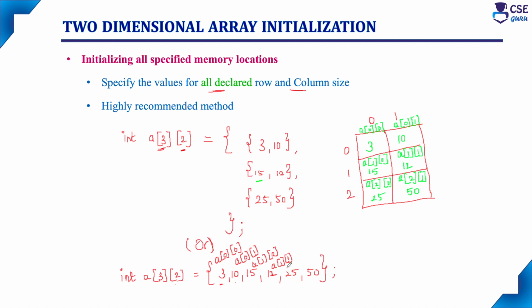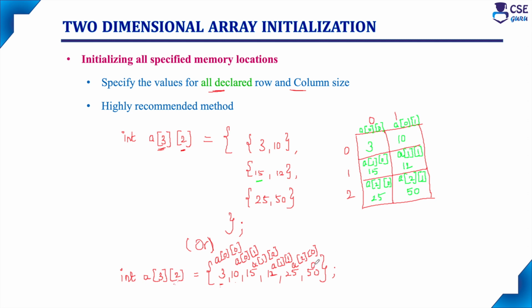And the next, if you increment, the column size will fail, so it will move to the next row. The next is a of 2, 0, according to the size specified in the declaration.